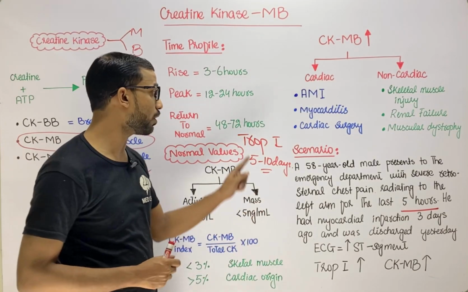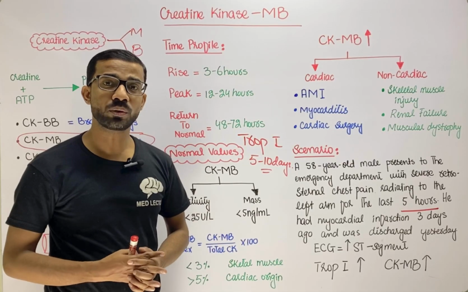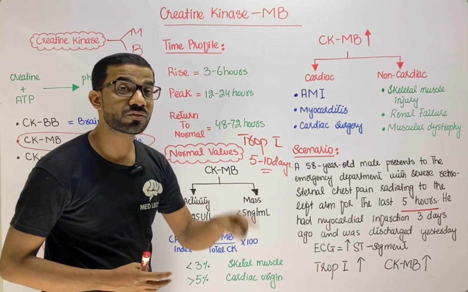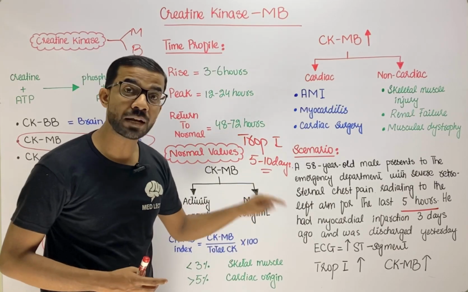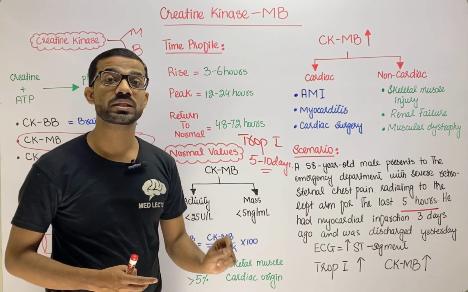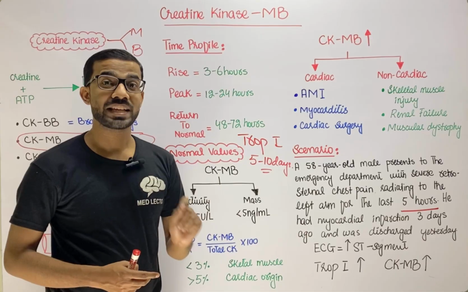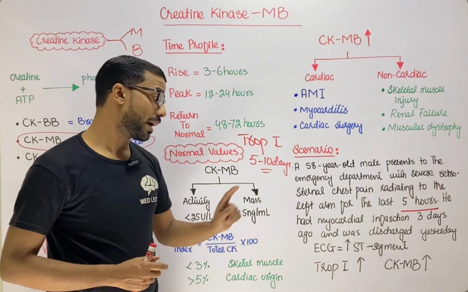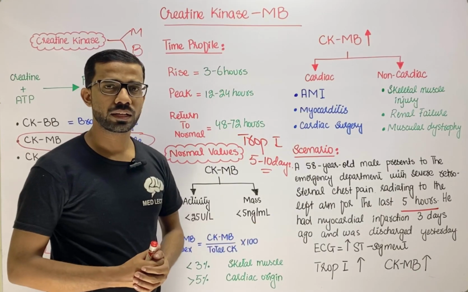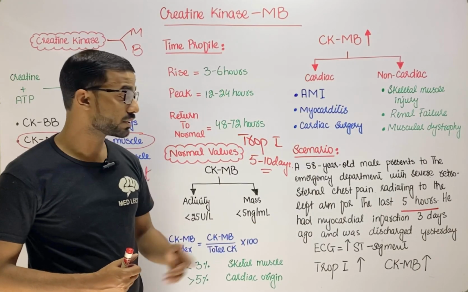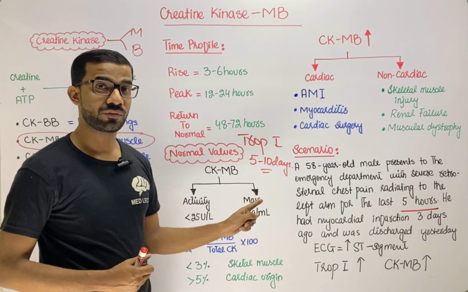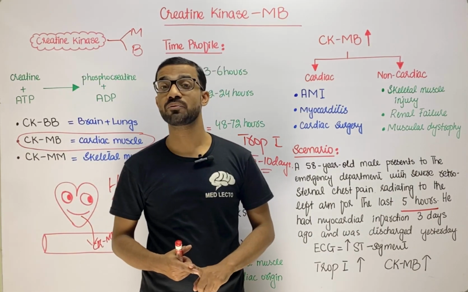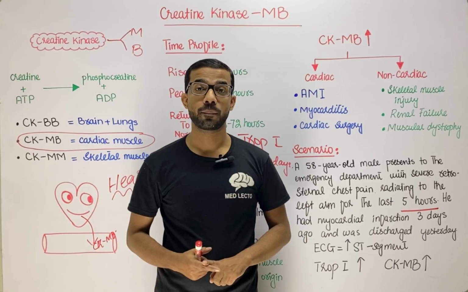That is important, because in 2 days CKMB starts normalizing, but after 3 days CKMB is still present. It shows reinfarction is happening in the patient, and troponin I is increased because of the previous infarction, but the increase in the CKMB is due to the reinfarction.